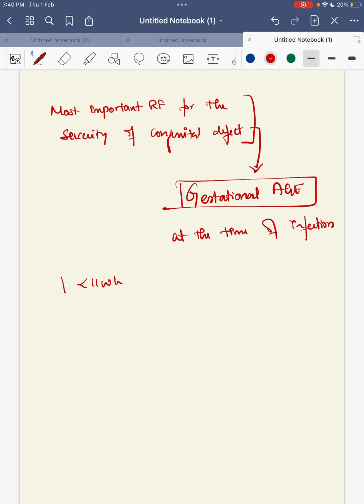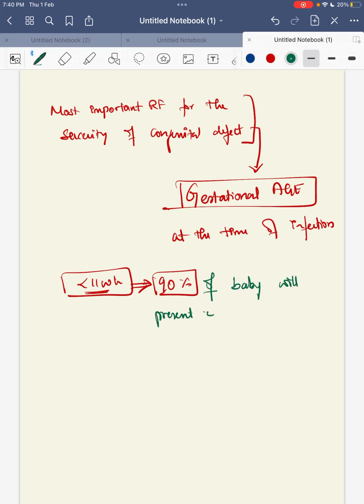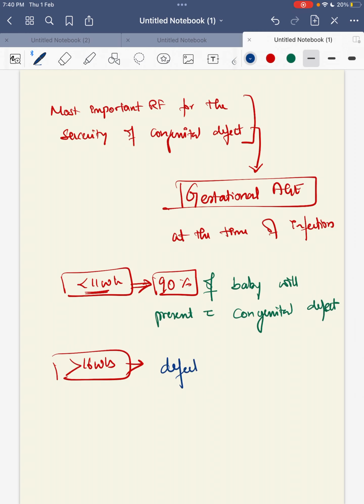When a mother acquires infection before 11 weeks of gestation, it is associated with severe congenital defects. 90% of the babies will present with congenital defects. Next, if the mother acquires the infection after 16 weeks of gestation, the defects are uncommon.